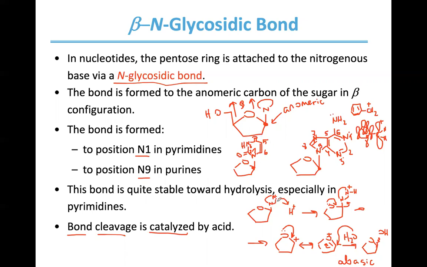So remember, it's the basicity of this nitrogenous base which will make this reaction go forward, right? Because the first step is the protonation. So pyrimidines, in fact, so this is going to be uracil base, right? So here, the lone pair on this nitrogen, is that accessible?